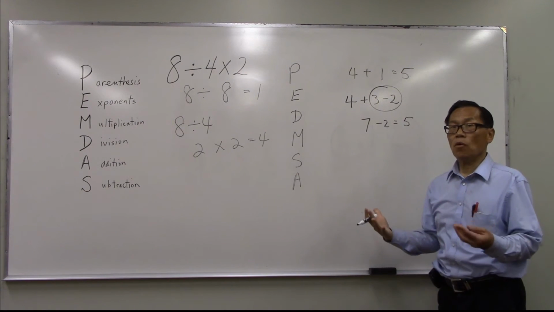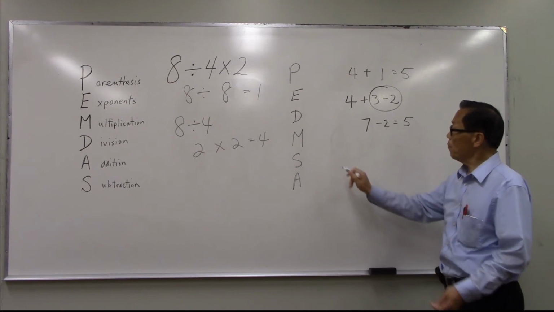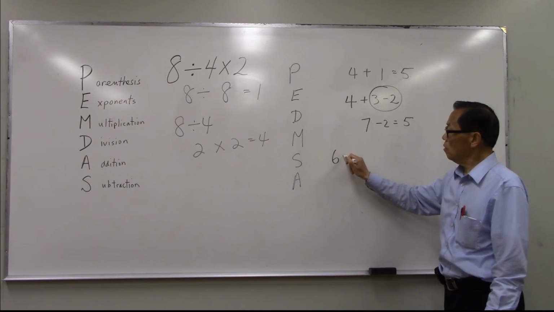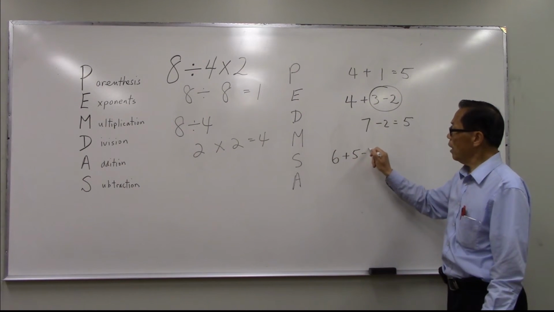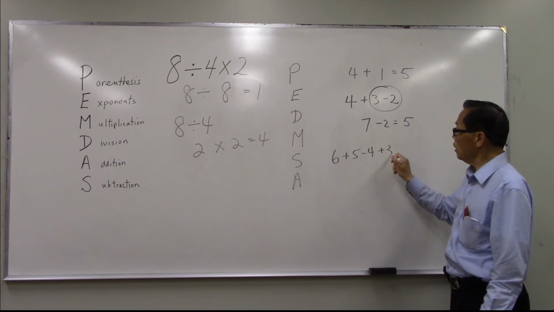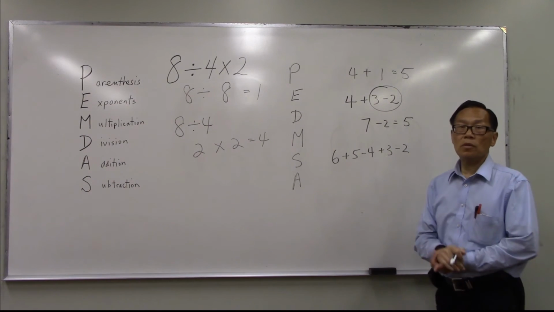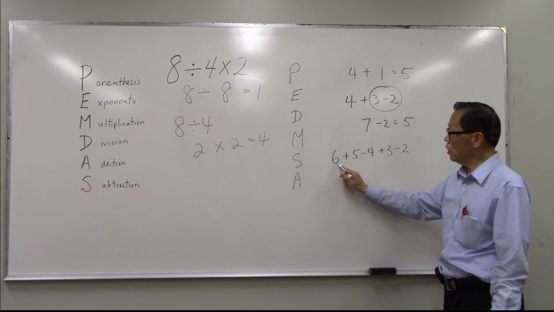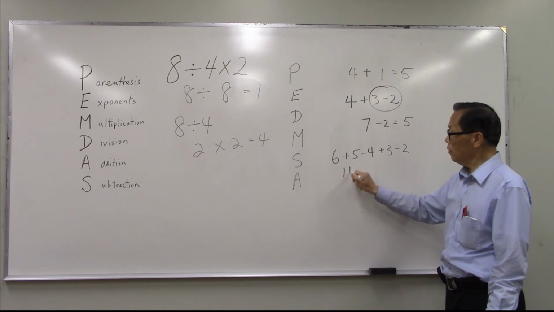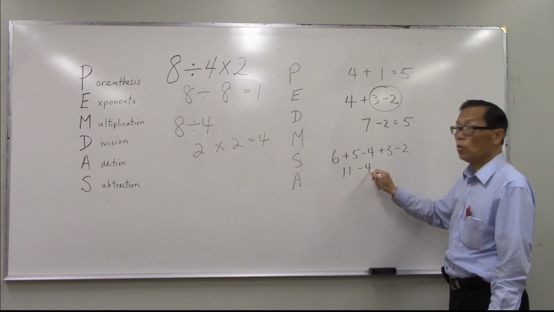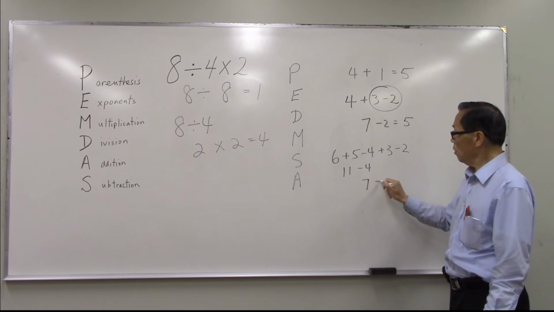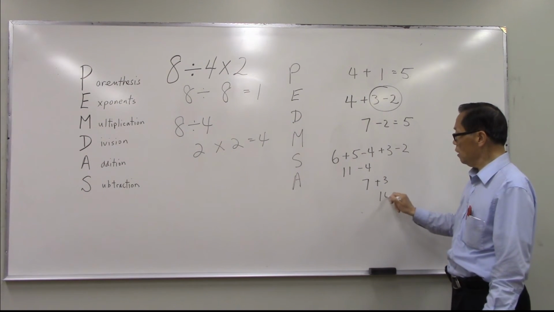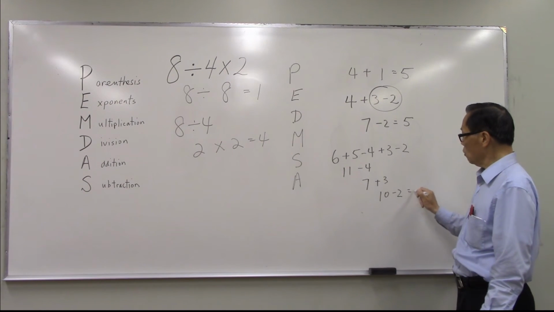Let's take another more complicated example. Perhaps 6 plus 5 minus 4 plus 3 minus 2. In the traditional way, we would do 6 plus 5 is 11, minus 4 will give you 7, plus 3 equals 10, minus 2 equals 8.